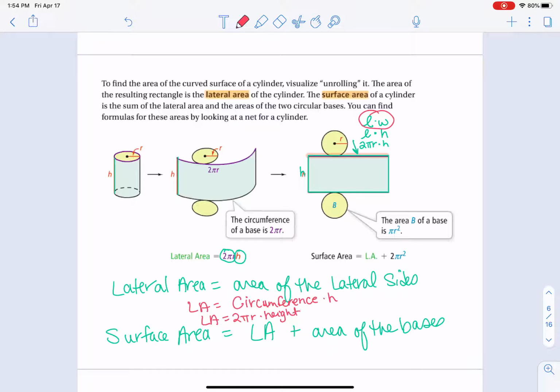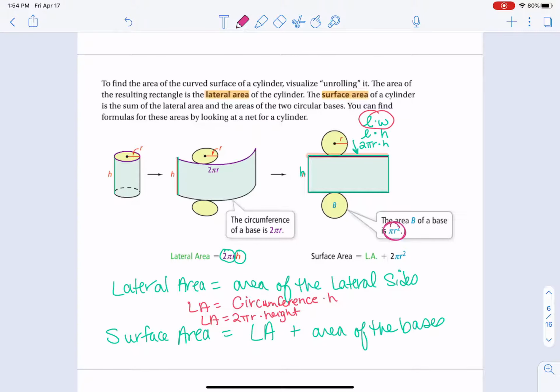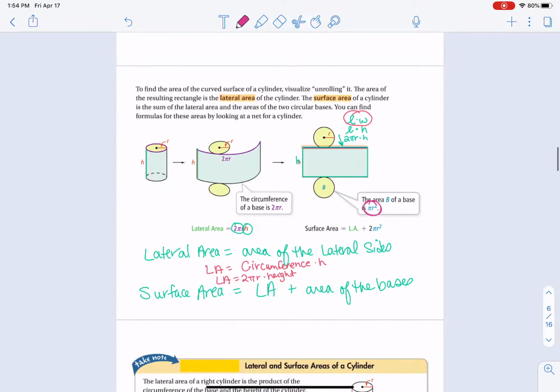Whatever works for you guys. And then since the bases are circles, and remember the area of that circle is pi r squared, once they're doing the surface area, they say it's still the lateral area, and then they just add on pi r squared twice. So once for the top and once for the bottom. So that's kind of the formula for a canned good.